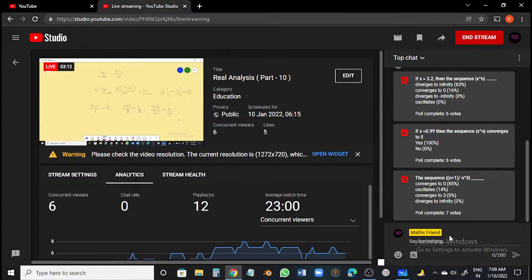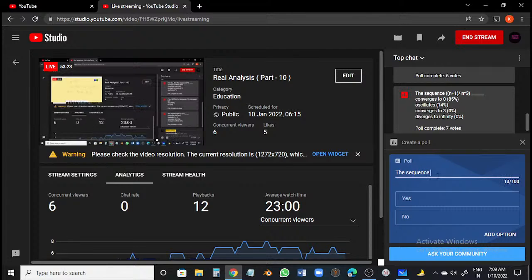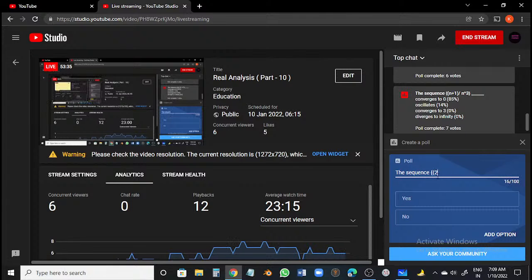Let's have one more kind of question. Let's have one more poll. The sequence {(2n cube plus n plus 1) upon n cube}.